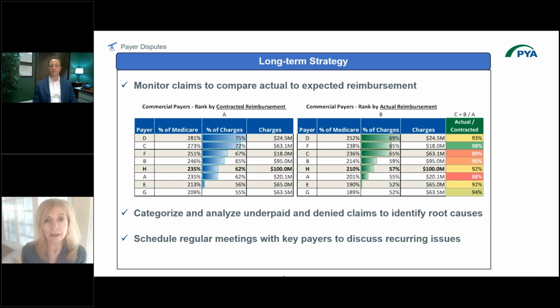Ideally, exactly what's in your contract. Ideally, exactly or even better than sample payer C, as you see on the page, where they receive 98% of their expected reimbursement. That's the best we've seen for this sample hospital. So that's our goal, is prevention.